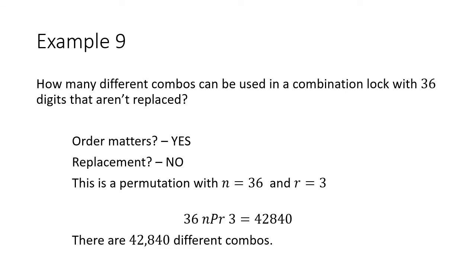Then you type math and go over to find the nPr for permutations. Then the number 3 for R, hit enter, and your calculator will spit out the answer: 42,840 different combos for your combination lock. Although, honestly, maybe it should be called a permutation lock instead, eh?